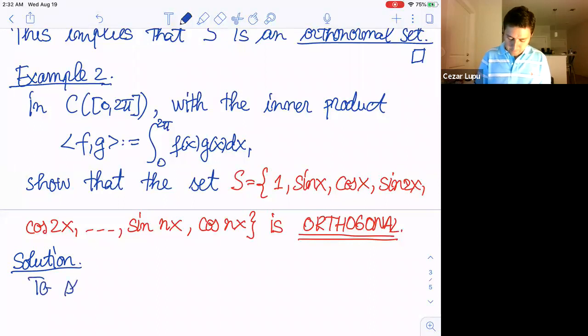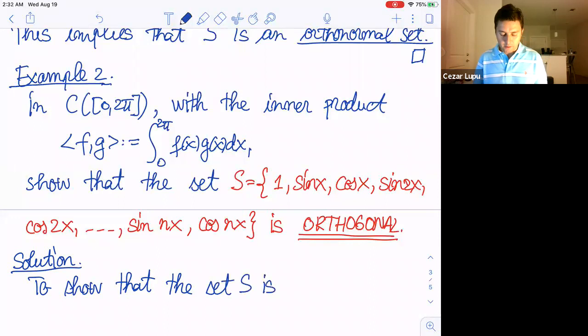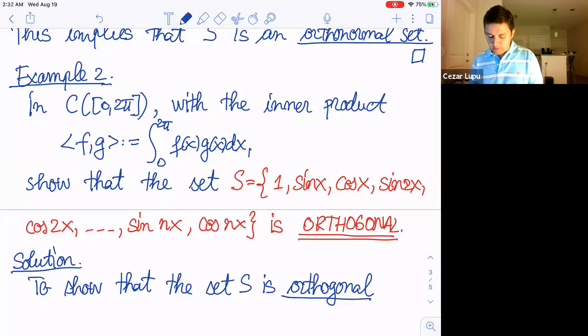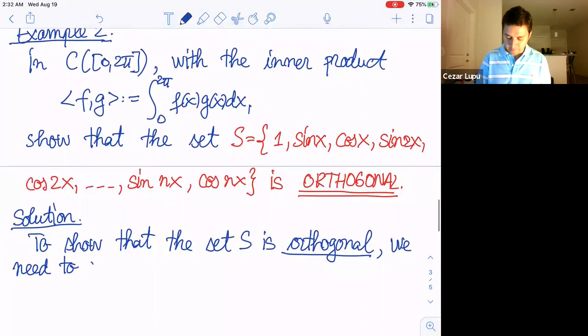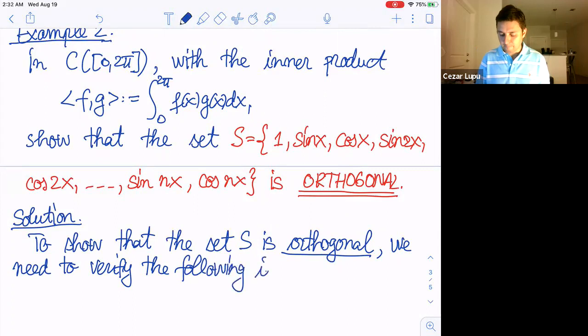Well, to show that the set S is orthogonal, we need to verify the following inner products, and you'll see immediately what I mean by that.